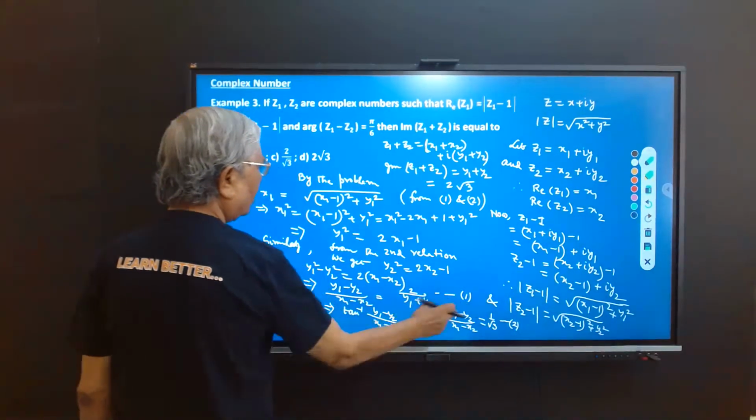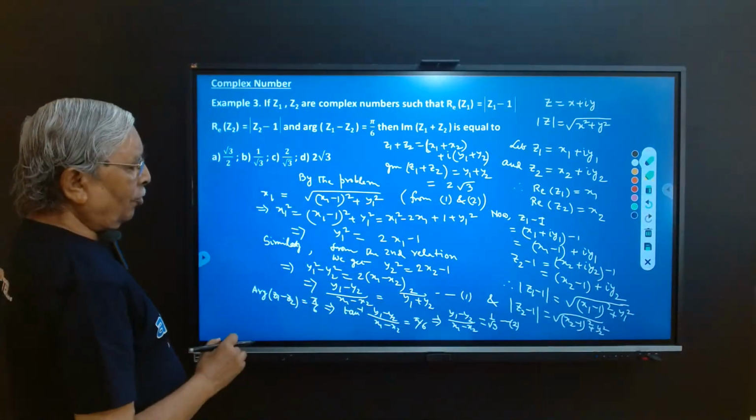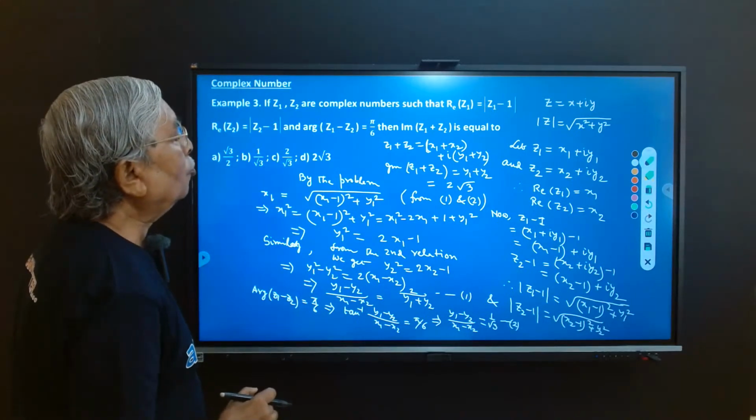From these two relations, you have got y1 plus y2 equal to 2 root 3.